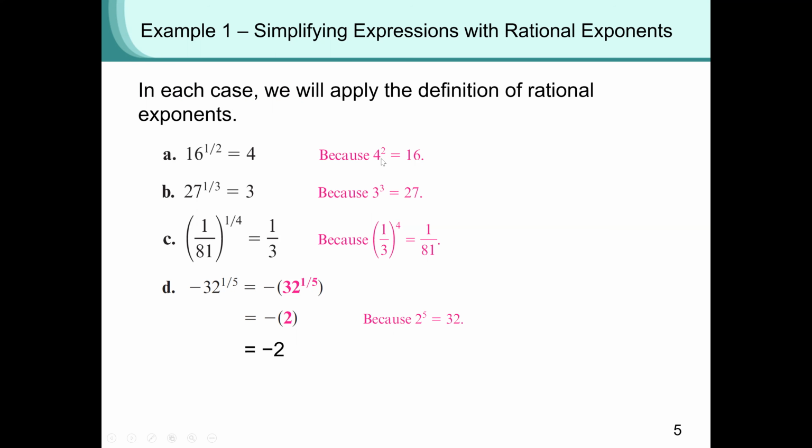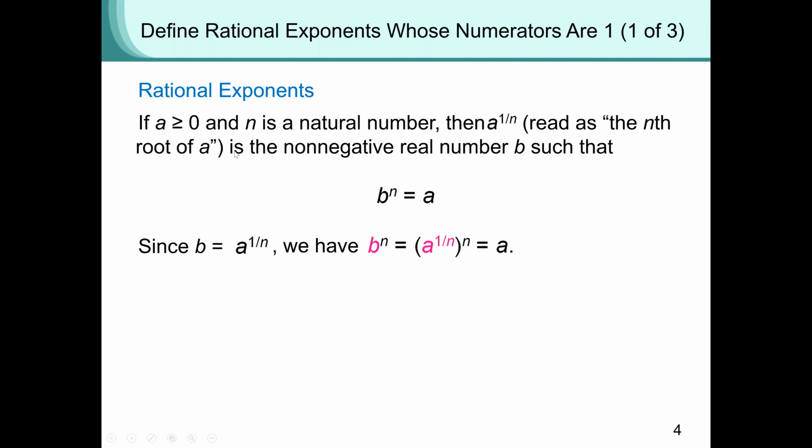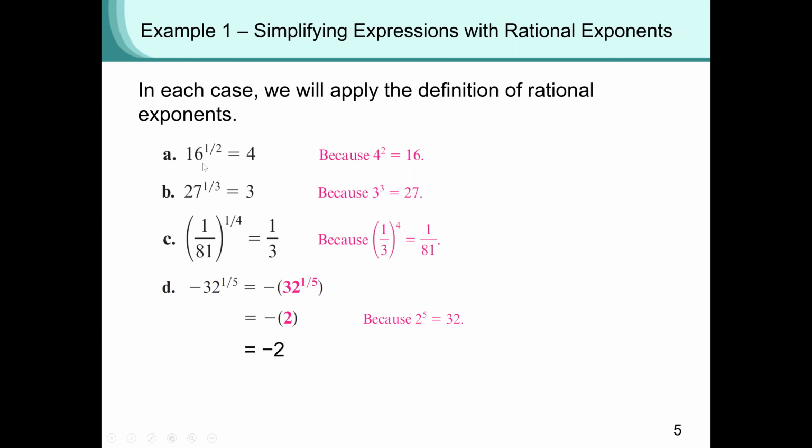So because we know 4 squared equals 16, the answer will be 4. This is the rule that we have here. If we have a to the power 1/n times n, the answer will be a. So here, 16 is the same as 4 to the power 2, and times half, 2 times half will give me 1. So the answer will be 4 to the power 1, which is 4.